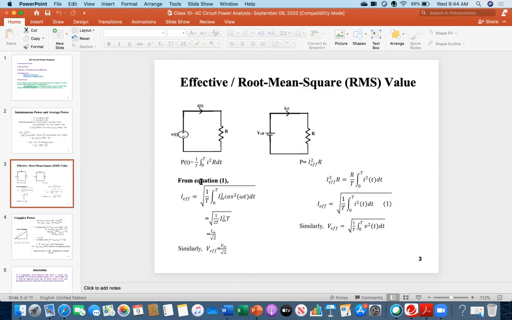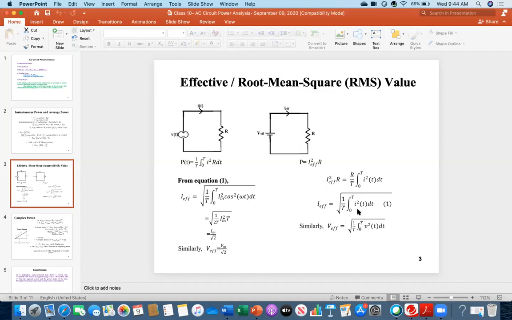Now everybody look, this is my equation number 1. And from equation 1, I want to go a little bit ahead and manipulate it. See what I did? This root over 1 over T. Assume that I equals Im cosine of omega t. You can see clearly this I was the I for the AC circuit.